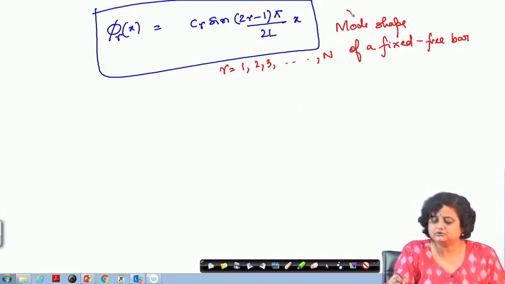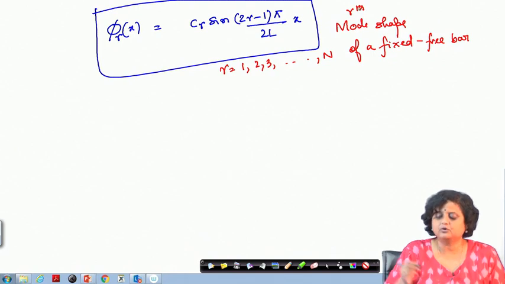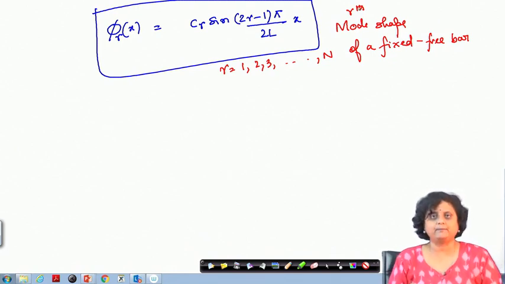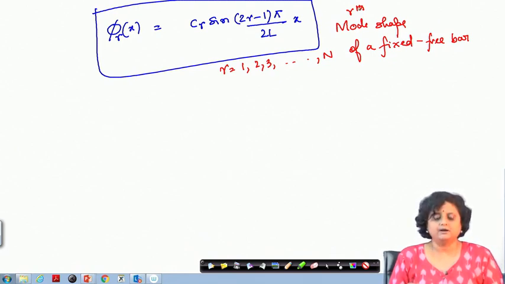So, instead of just calling it mode shape, I can also call it the rth mode shape of a fixed free bar, and we can also see there are infinite possible solutions of this mode shape. So, again to repeat, a continuous system can have an infinite number of natural frequencies and mode shapes.